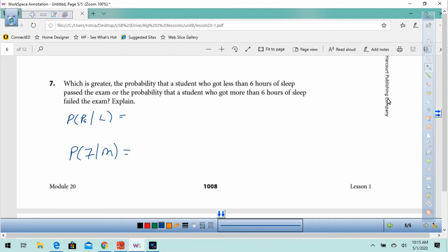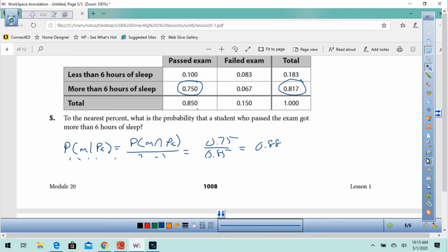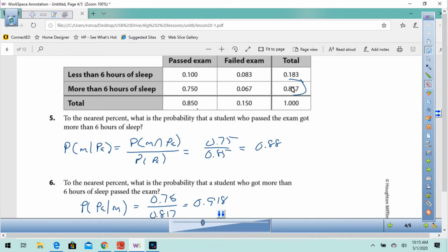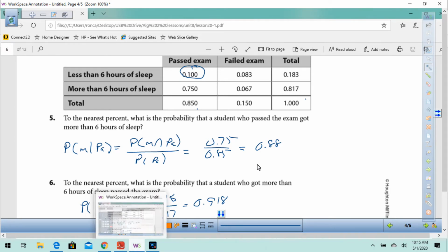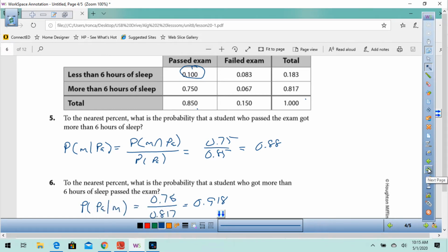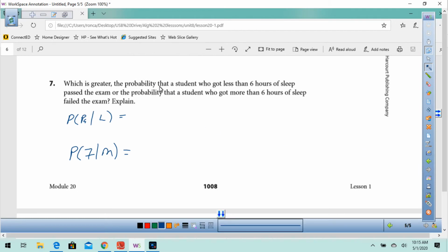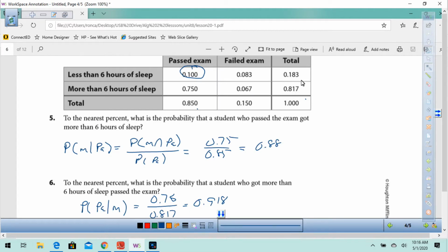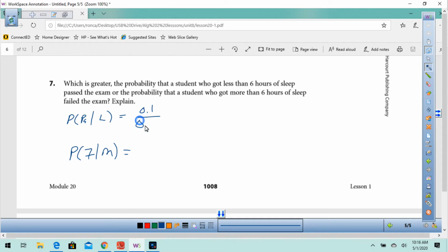All right, so what do we got? Passed the exam given that they got less, okay, 0.1. It's going to be 0.1 divided by 0.183.